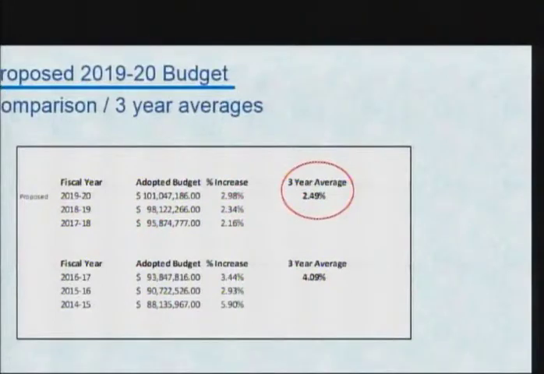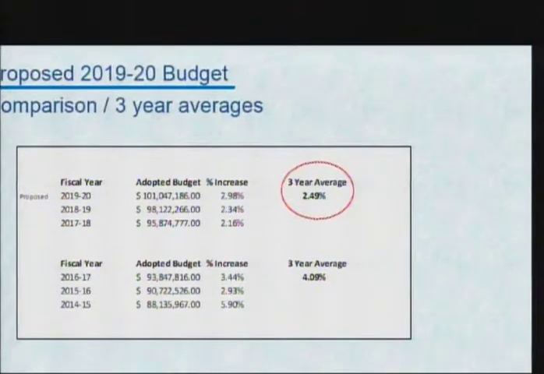Our 3-year average, 2.49%. It's a little above that this year, but well within, I think, an acceptable amount considering the economy and the rest of what's going on with inflation and the like.